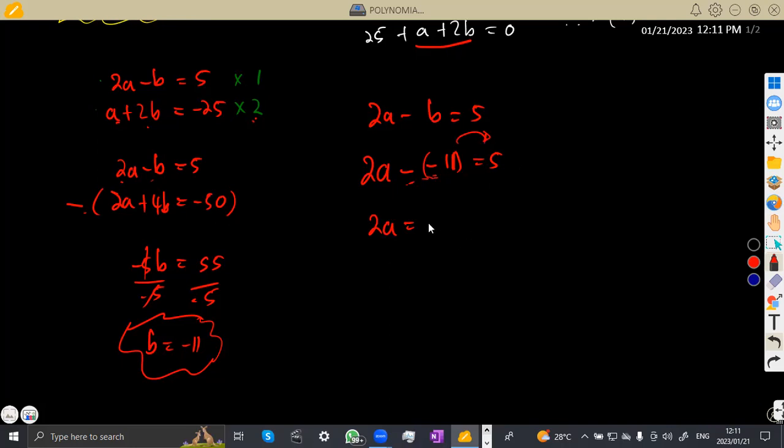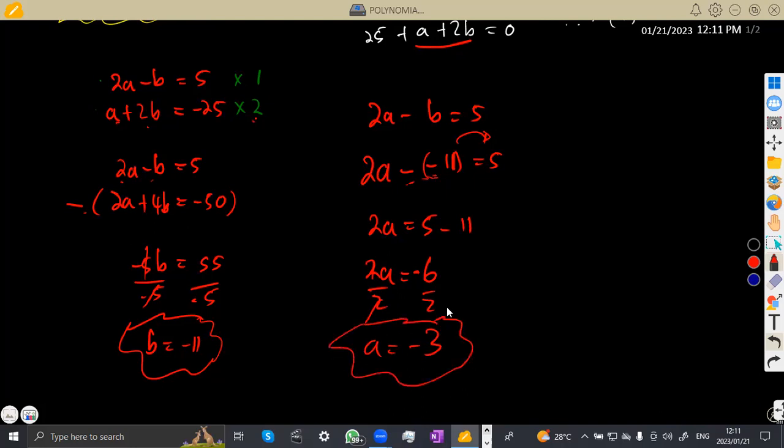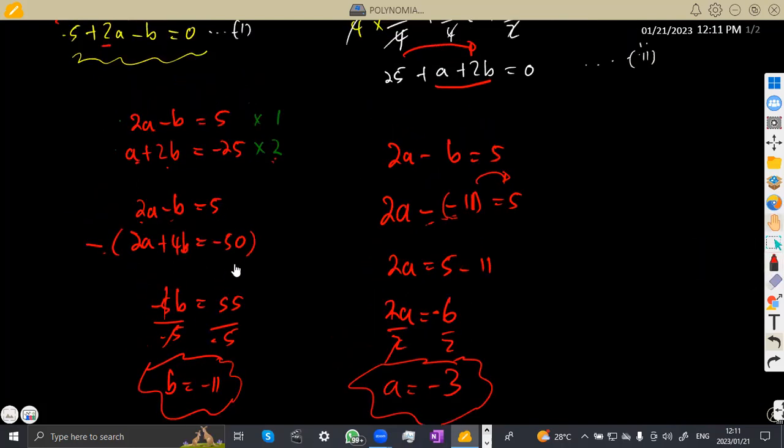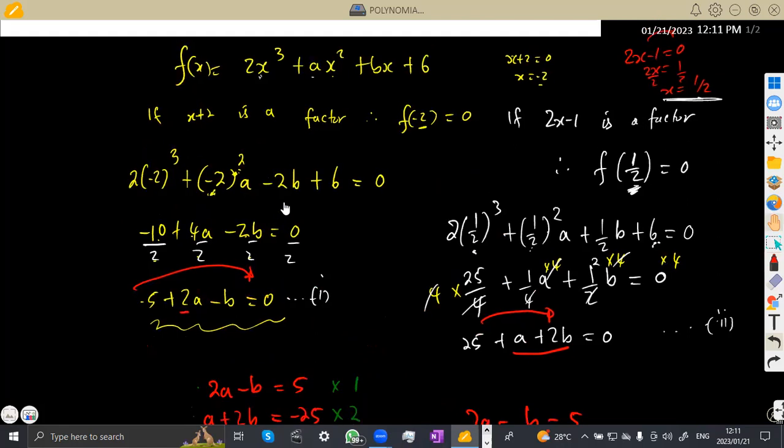And what is 5 minus 11? That's 6, okay, so that's negative 6 actually. So divide by 2 by 2, a is equivalent to minus 3. So we've got the value of a, which is minus 3, and b, which is minus 11. That's what you actually needed from this question.